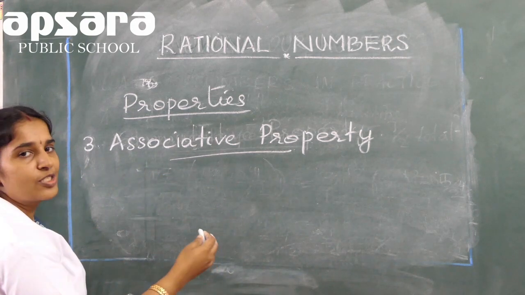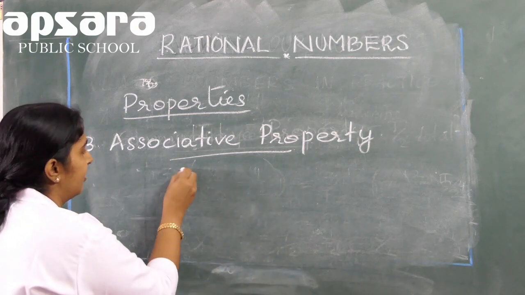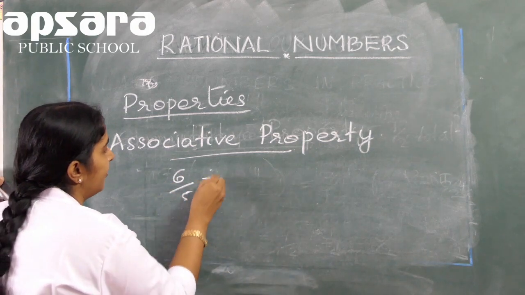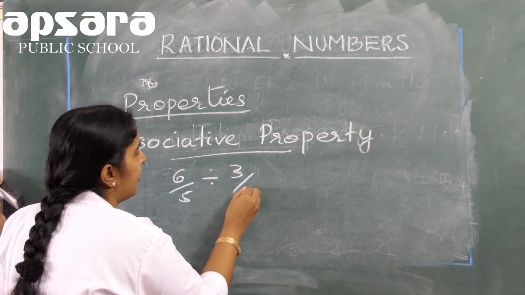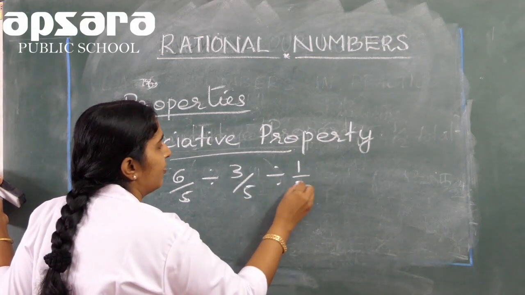Now division is also not associative. 6 by 5 divided by 3 by 5 divided by 1 by 2.